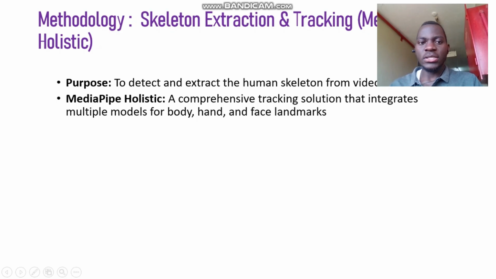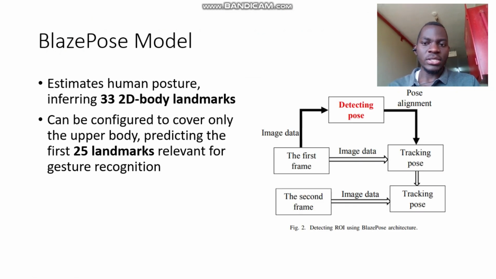The purpose is to detect and extract the human skeleton from videos. It gets your video and extracts that skeleton with coordinates, and then MediaPipe Holistic tracks this and integrates the multiple models for the body, let's say hand and face.